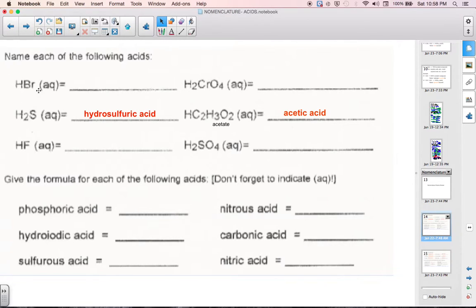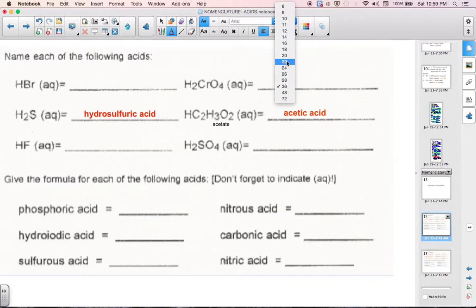Alright, let's try some of these over here. Notice on this left side, we have two elements on each of these. So I am going to use the binary naming. If you recall, binary naming is going to use the word hydro at the beginning.